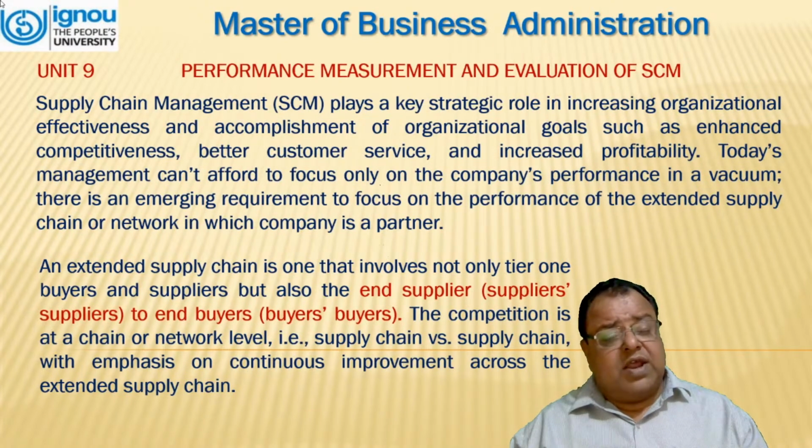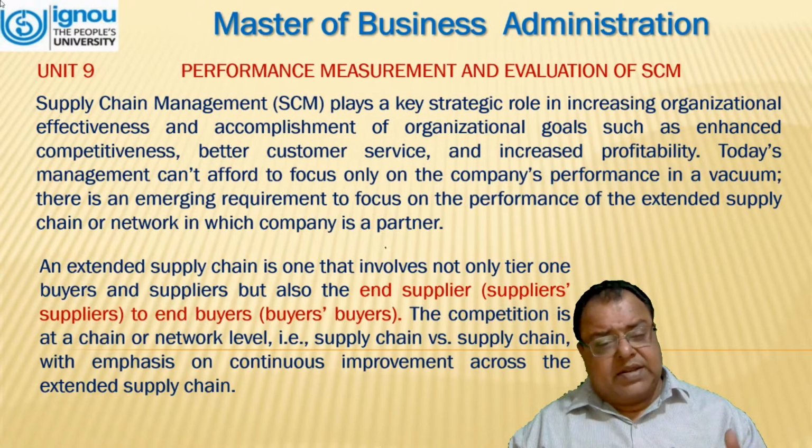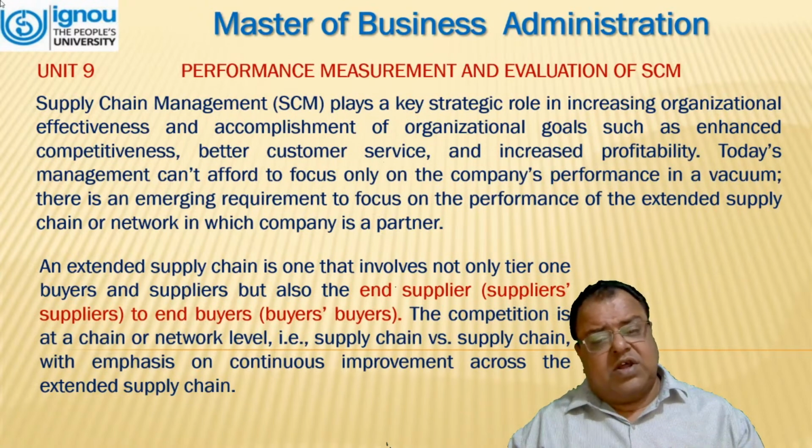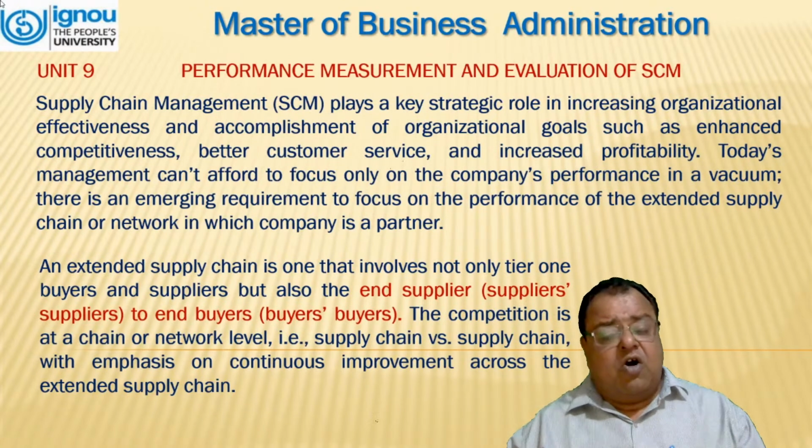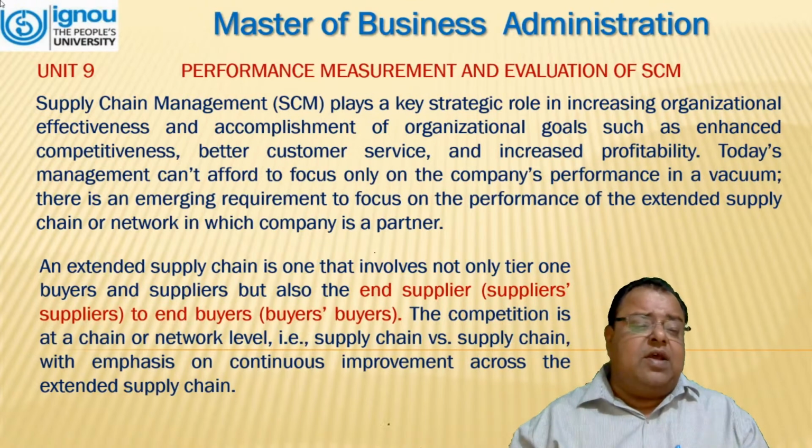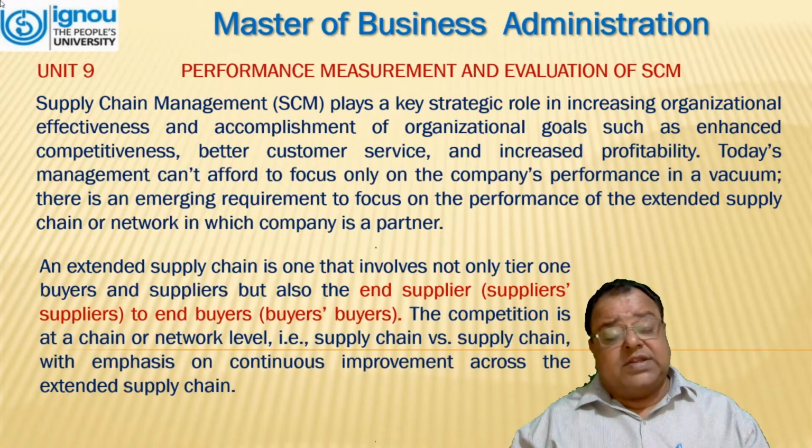Today's management cannot afford to focus only on the company's performance in a vacuum. There are emerging requirements to focus on the performance of the extended supply chain or network in which the company is a partner.